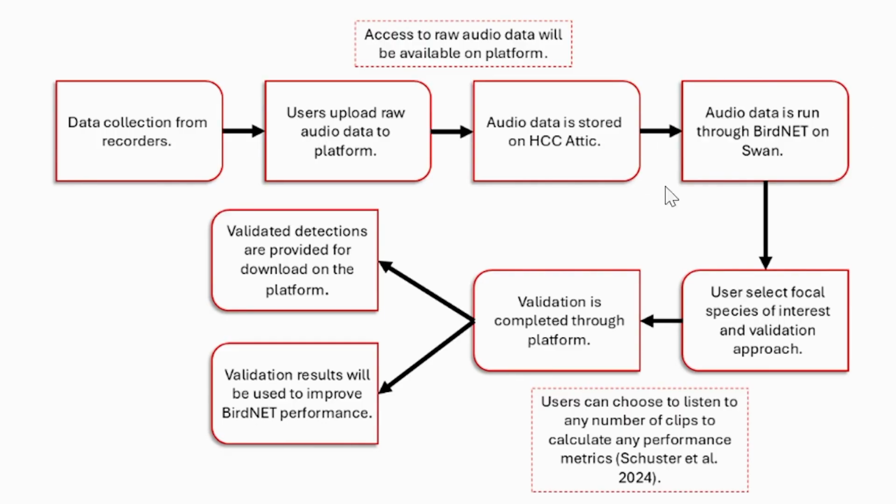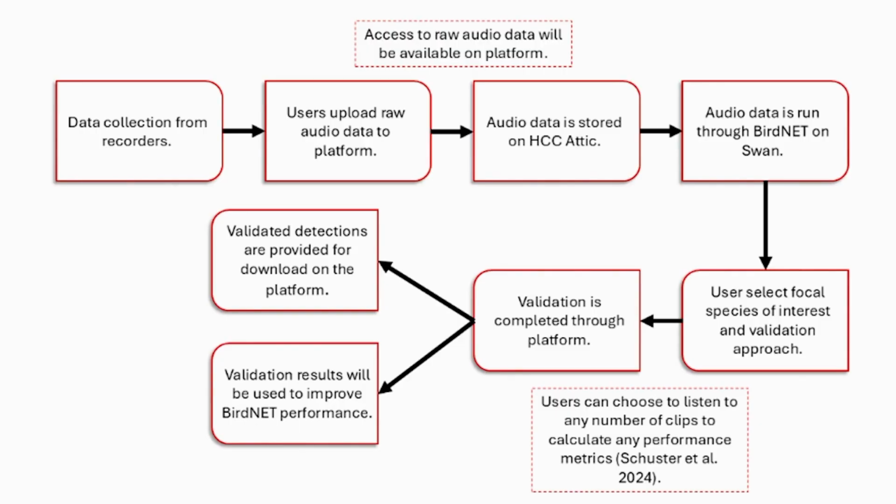From when the audio data is run through BirdNet, the user of this platform can then select their focal species of interest, like American goldfinch or American robin. Then on this platform, they can choose to listen to a number of clips to validate the detections for these different species and calculate performance metrics that we have used in our past research.